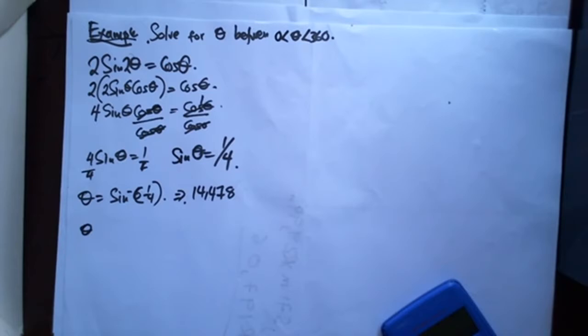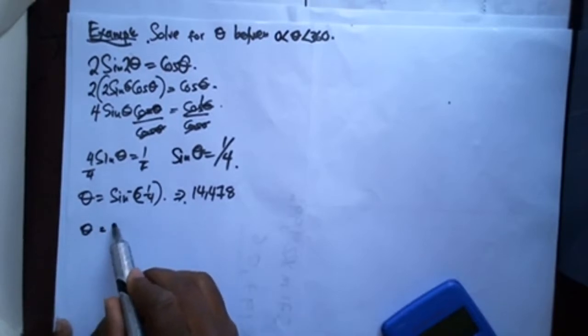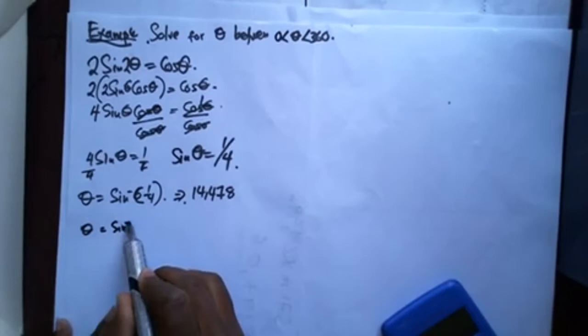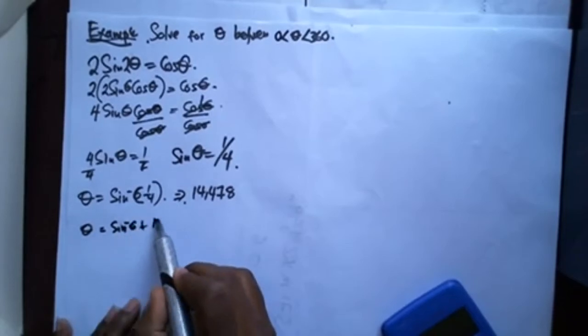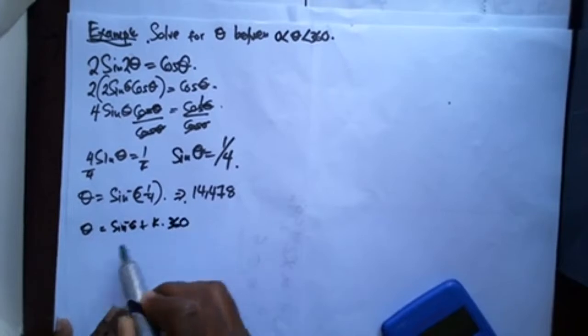There we go. So for sine, we can get theta is equal to shift sine, plus k times 360.